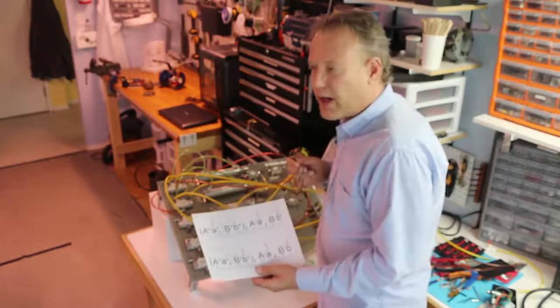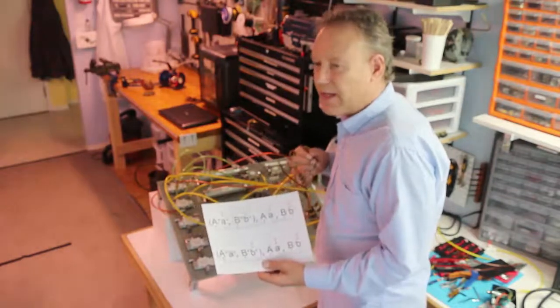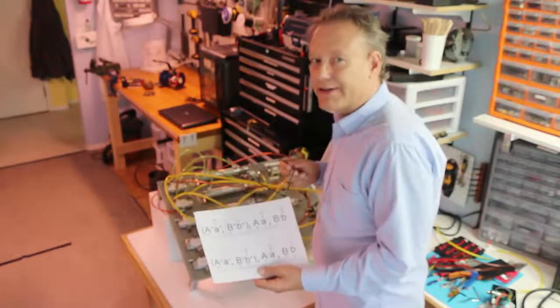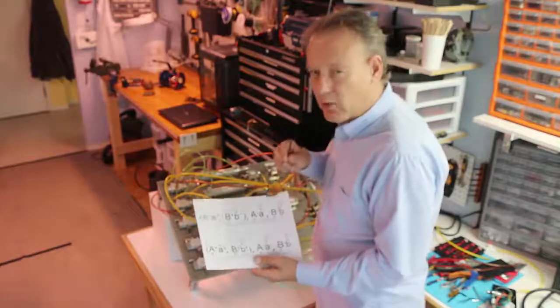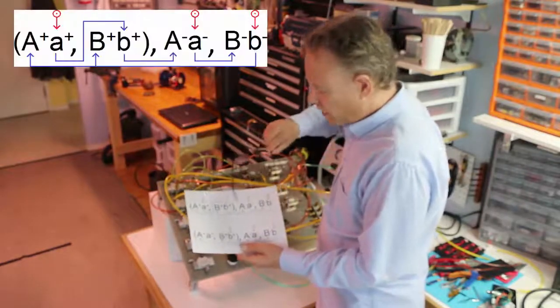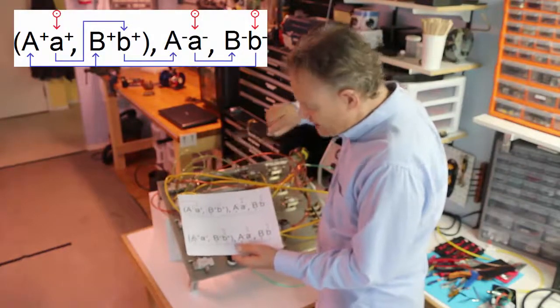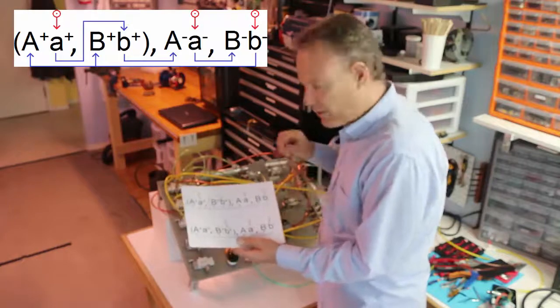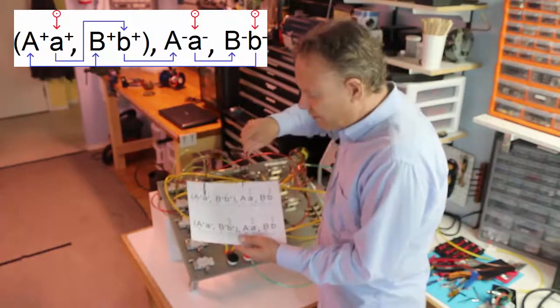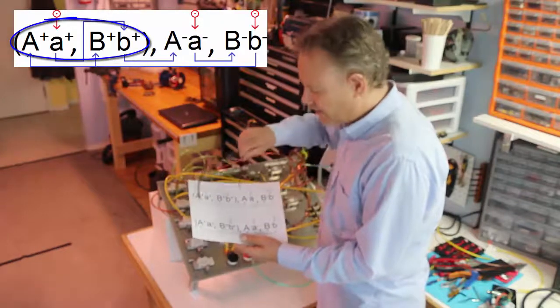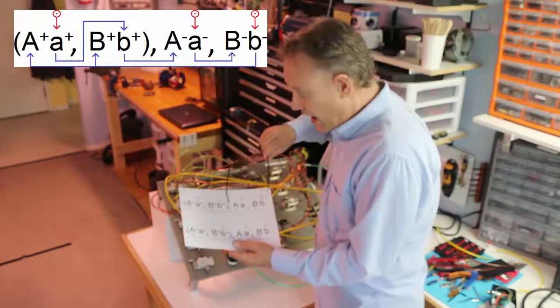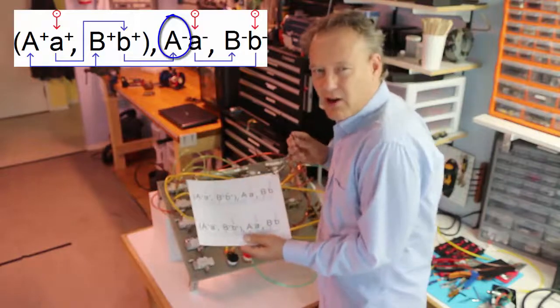So if you had a sequential statement that was A plus, A minus, that creates a problem. We'll talk about why that is true, but here we've got A plus happening and then A minus happening. Because there are brackets here, this happens and this happens at the same time, but essentially it's like this is happening and then this happens, and there's actually conflict there.